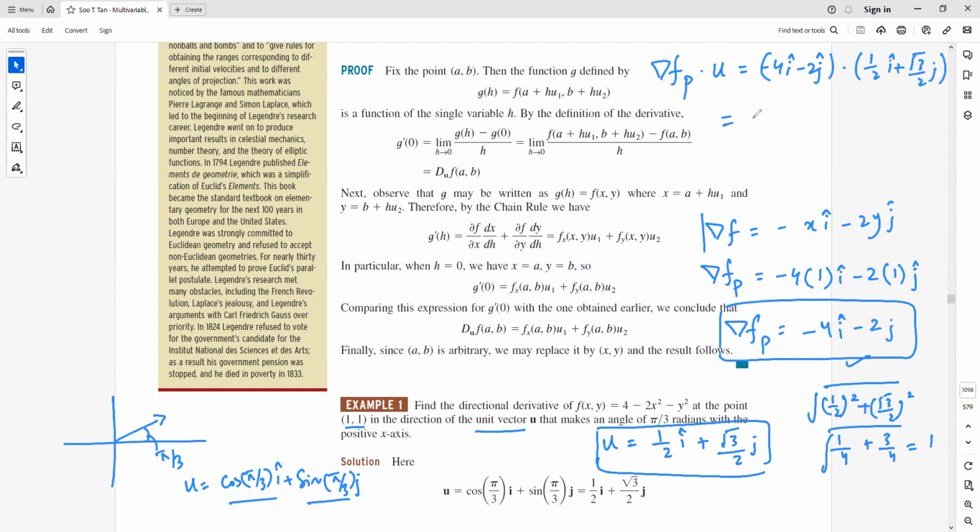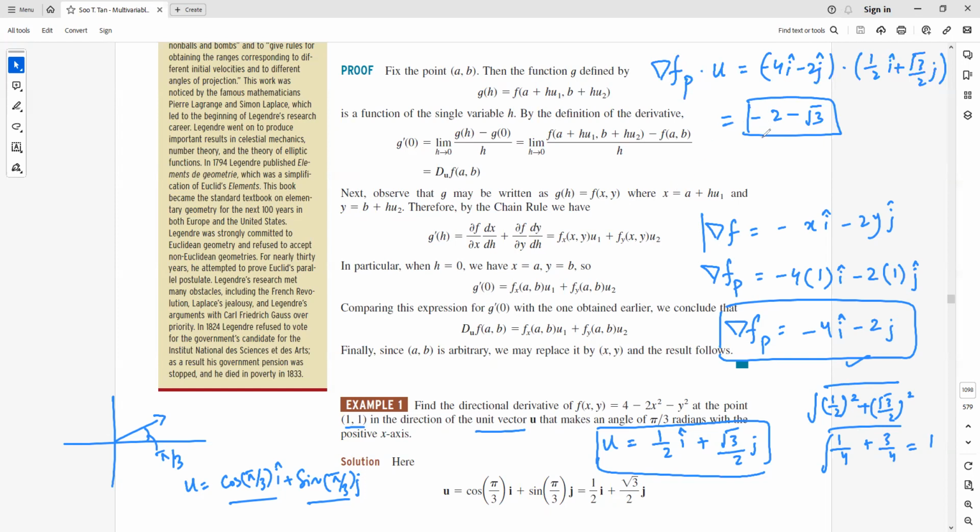So we get negative 2 and negative root 3.